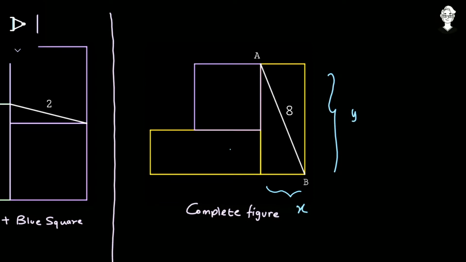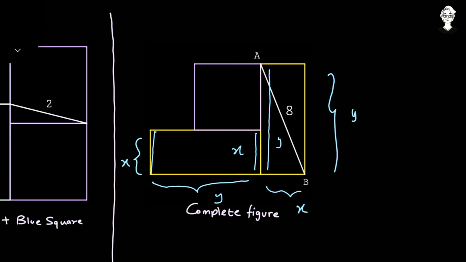As it was given that this rectangle and this rectangle are congruent, the first one has a length equal to y, so the second one will also have length y and its breadth will also be x. Now this is also the breadth of the rectangle, equal to x. And this complete length is the length of this particular rectangle, equal to y.